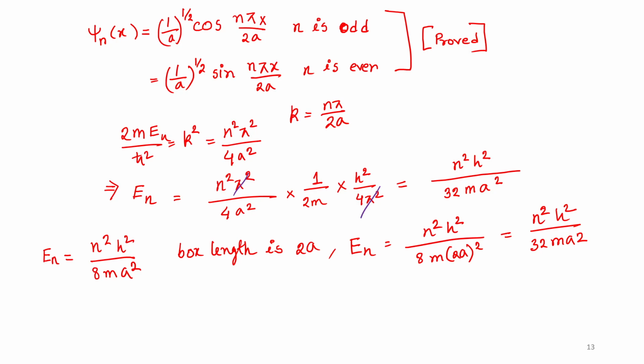Now when your infinite walls are at 0 and 2a, in that case also your box length is 2a, but your coordinates are different, right? I hope you are getting what I'm trying to say. In both the cases you are going to get different wave functions.